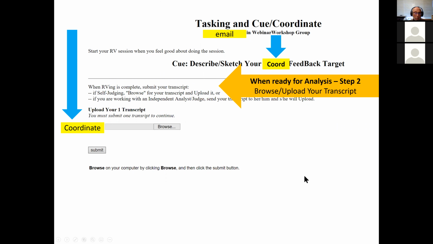You do your remote viewing session, and then the next thing is you go to File Explorer or something like that, and browse for it, because you need to get it into our server. Then you hit submit. We have a copy of your transcript.